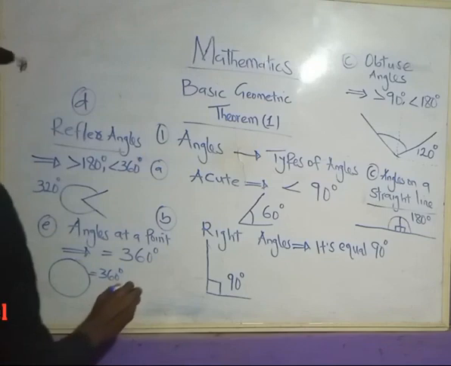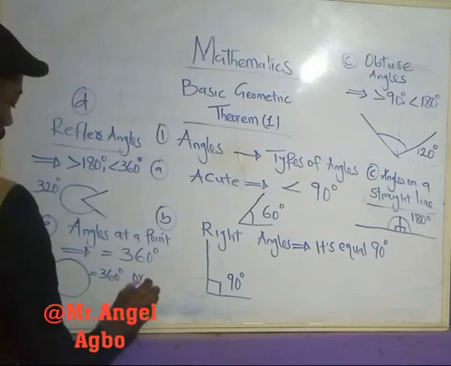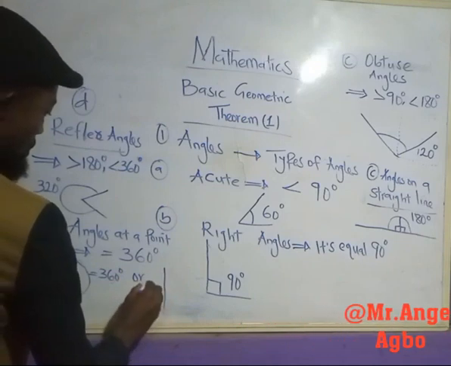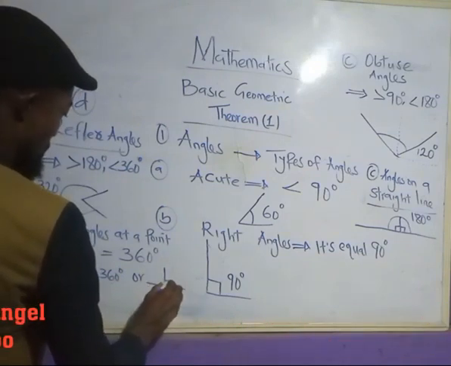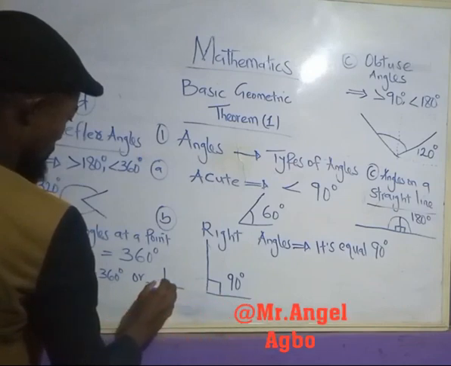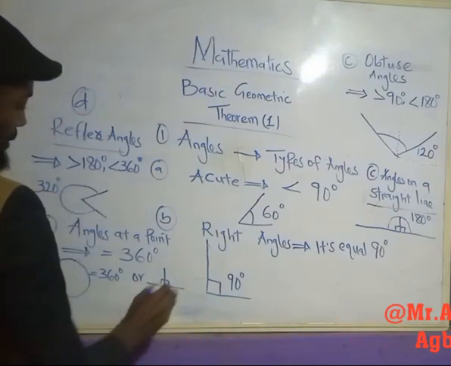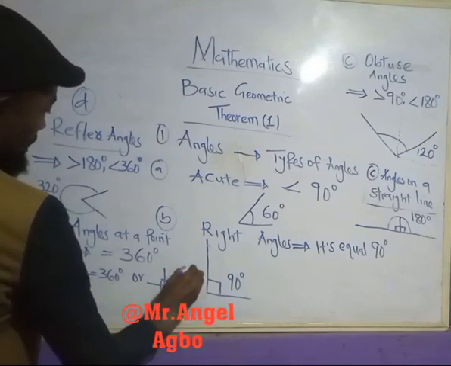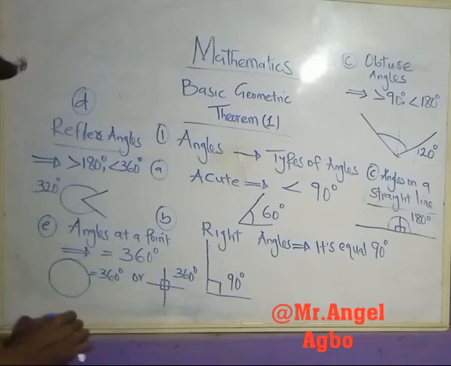Or we can represent it by four cardinal points, and say it is also equal to what? 360 degrees. So it's angle at a point.